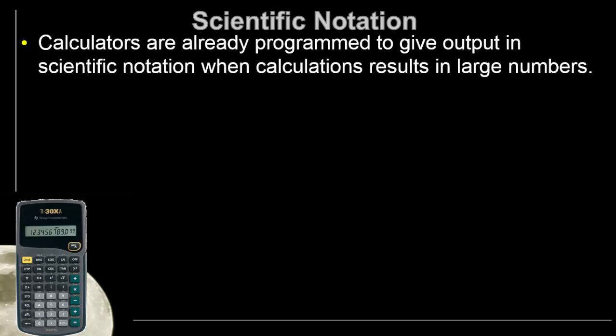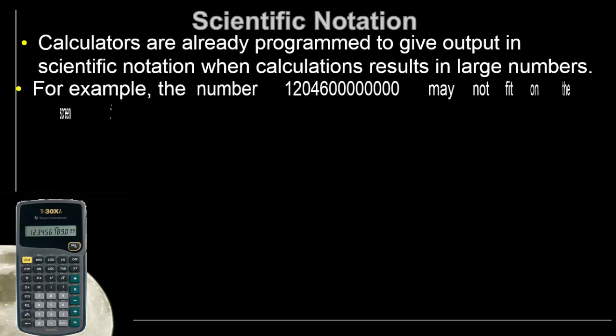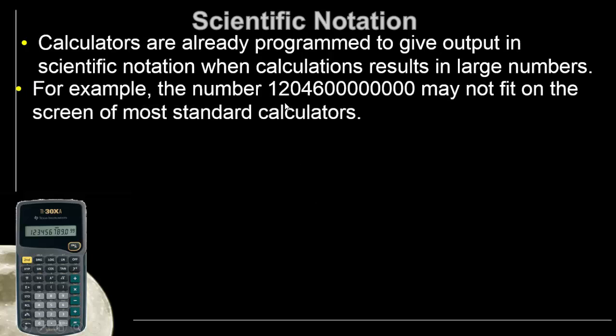Calculators are already programmed to give output in scientific notation when the result is a number that is very large. For example, the number 1,204,600,000,000 may not fit on the screen of most standard calculators.